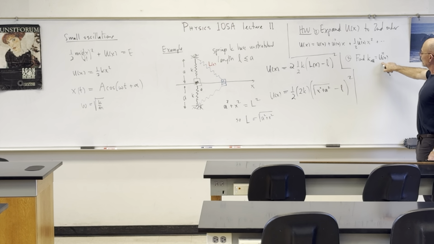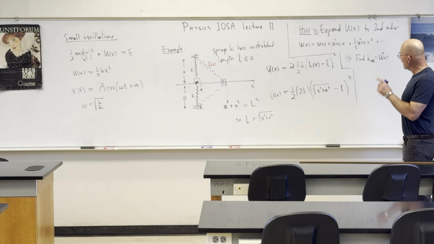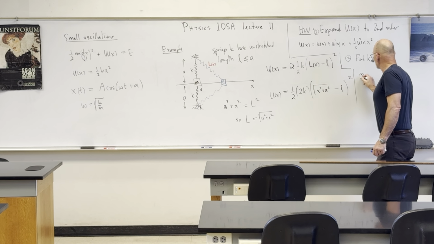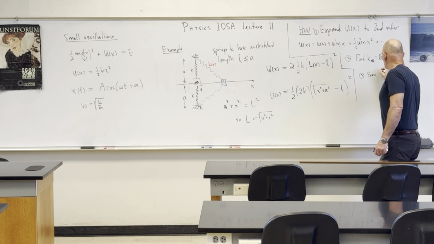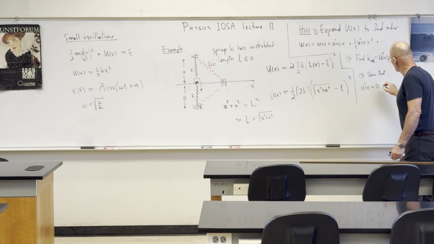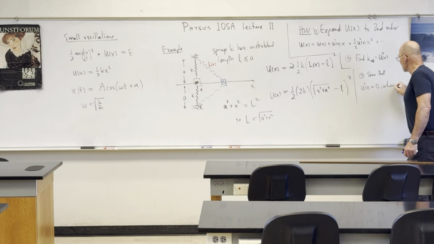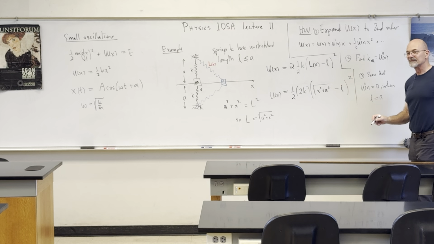So we get the second derivative of this thing at 0 very carefully. And you're going to find that, so I'll just put it here just to make sure. Show that U double prime of 0 equals 0, when L is equal to A.